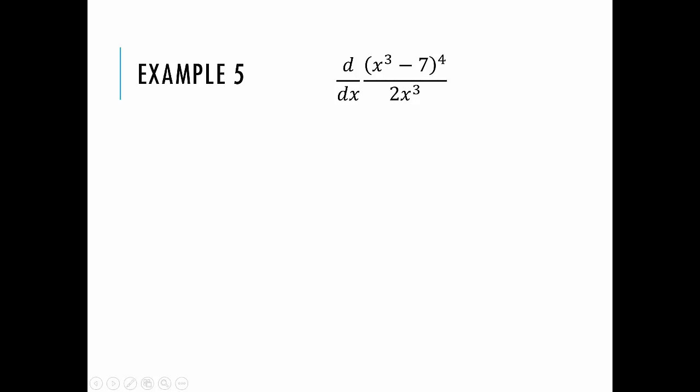Whew, look at this one. Okay, this one looks like it could be complicated because it looks like I probably could bring this to the top and use the product rule, but I'm going to go ahead and just use my quotient rule.